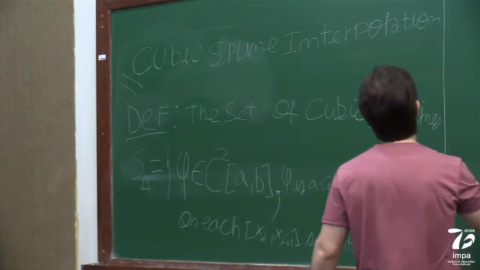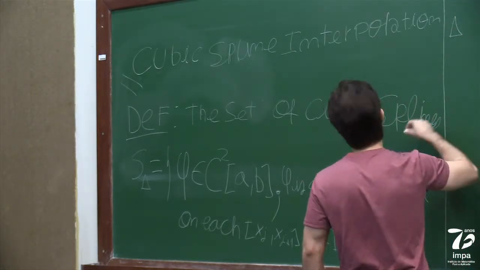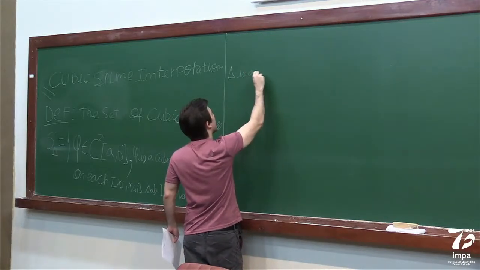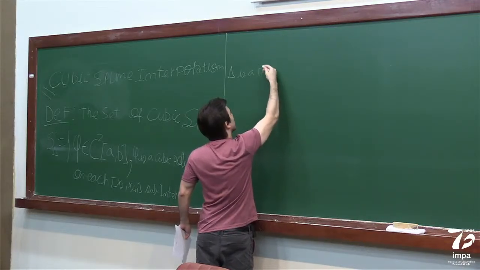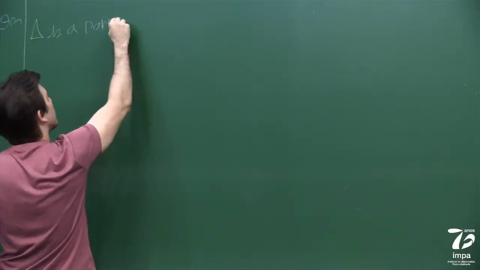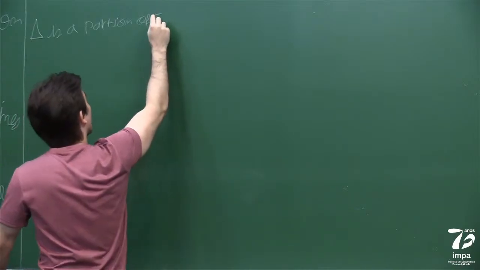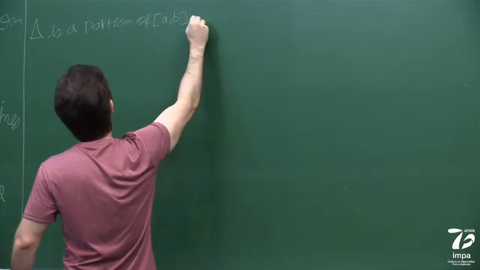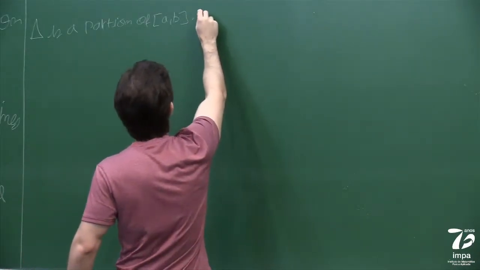Okay, so delta is a partition of A, B, a uniform partition, okay?